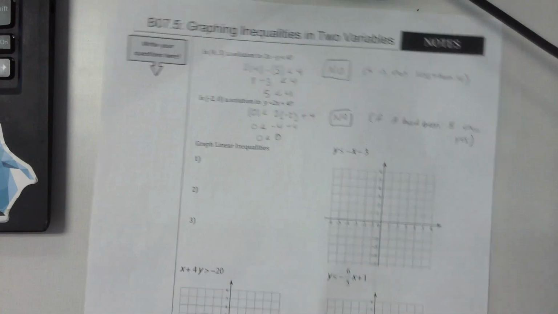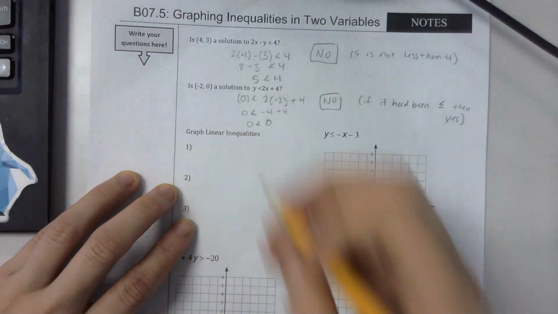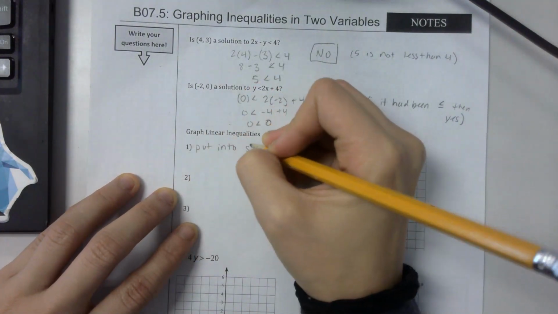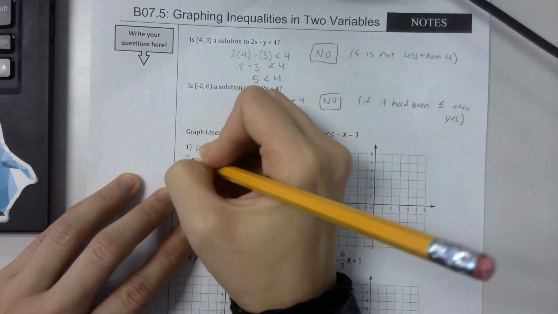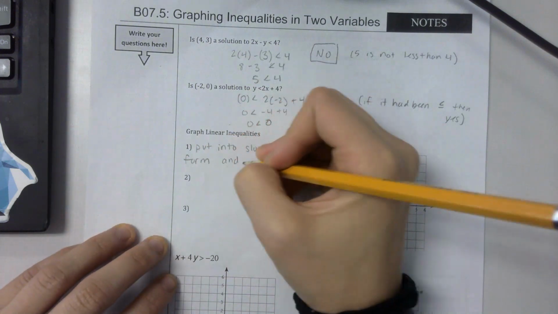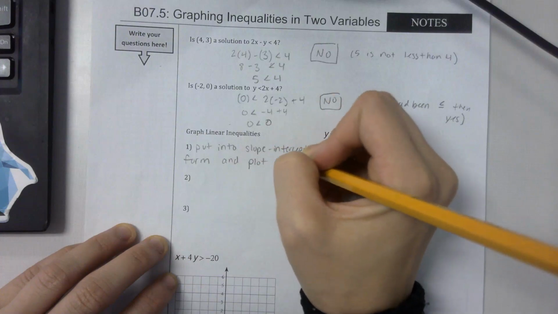Okay, so when we're graphing linear inequalities, we have 3 steps. The first step is to put it into slope-intercept form and graph, and plot points.